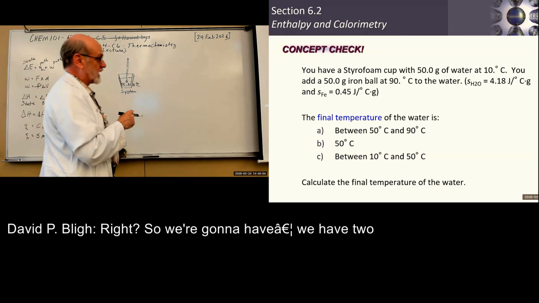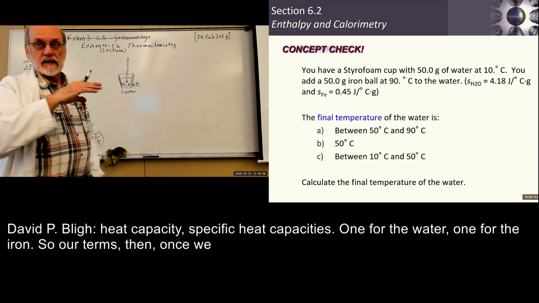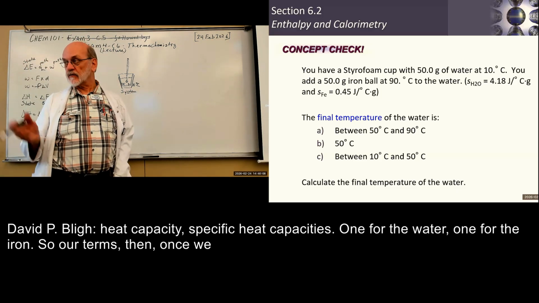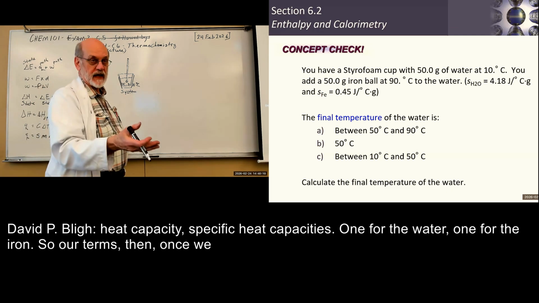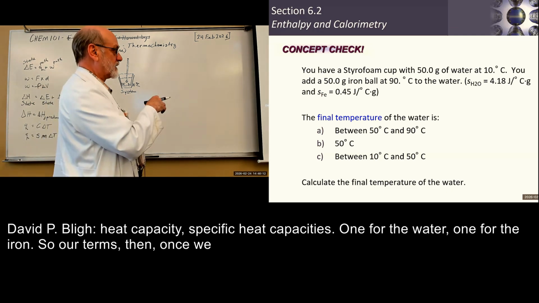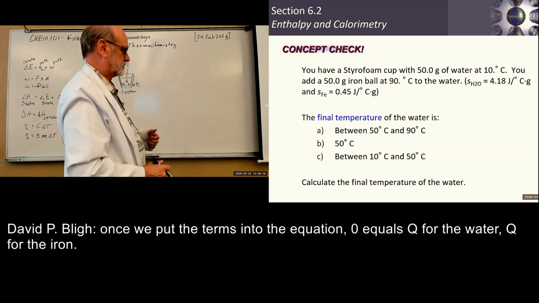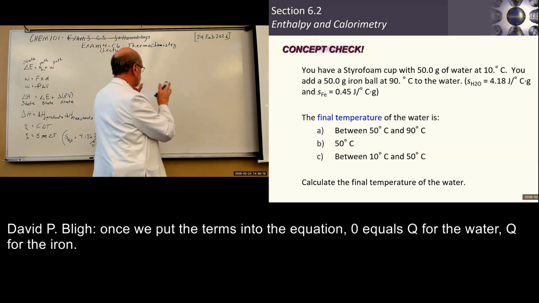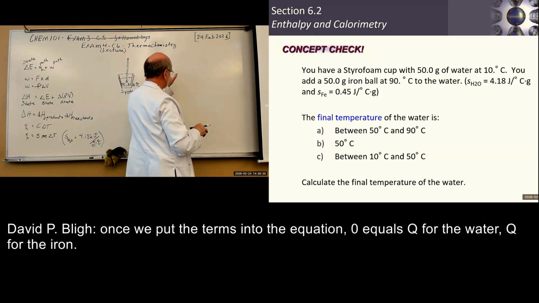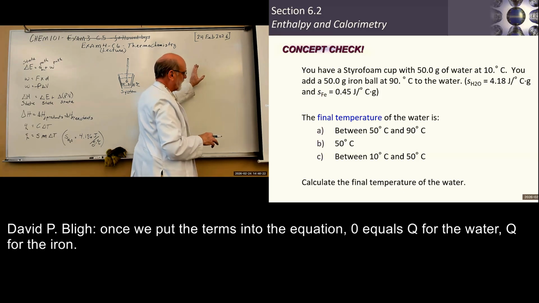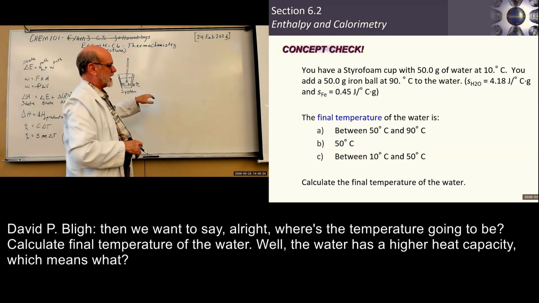All right, so we have two specific heat capacities, one for the water, one for the iron. So once we put the terms into the equation, 0 equals Q for the water plus Q for the iron.